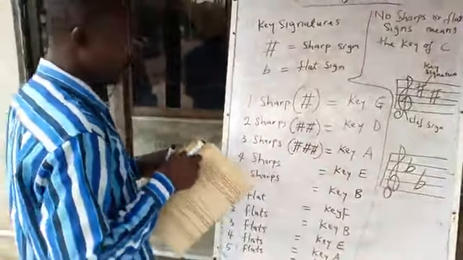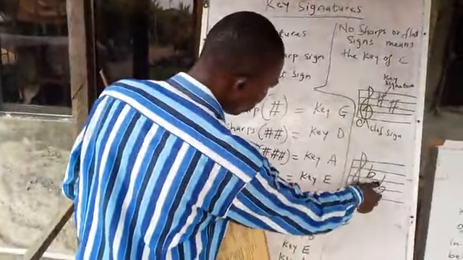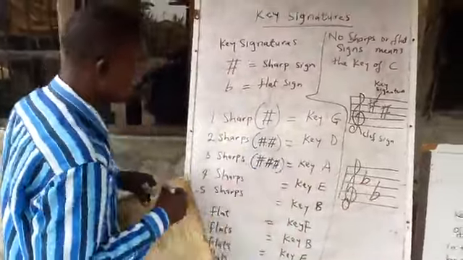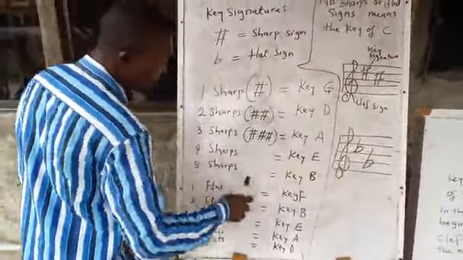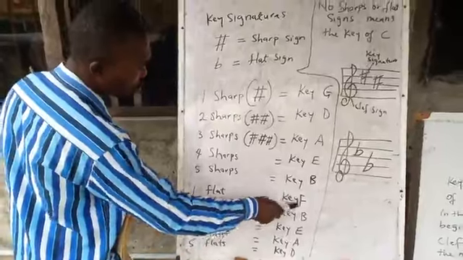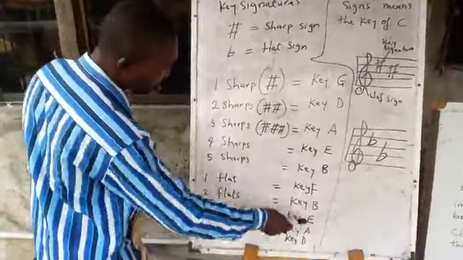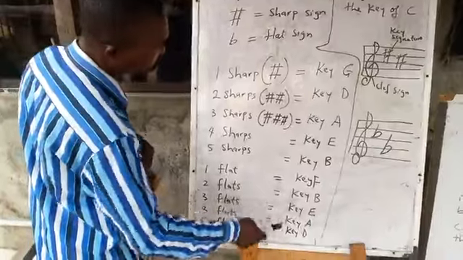Whenever you have something of this nature after the clef sign, it is called a flat sign. If you have only one flat, it is called key of F. Two flats, key B flat. Three flats, key E flat. Four flats, key A flat. Five flats, key of D flat.